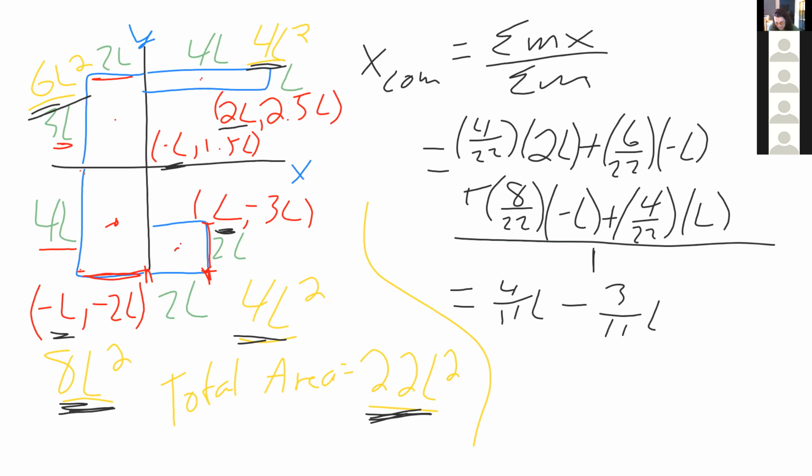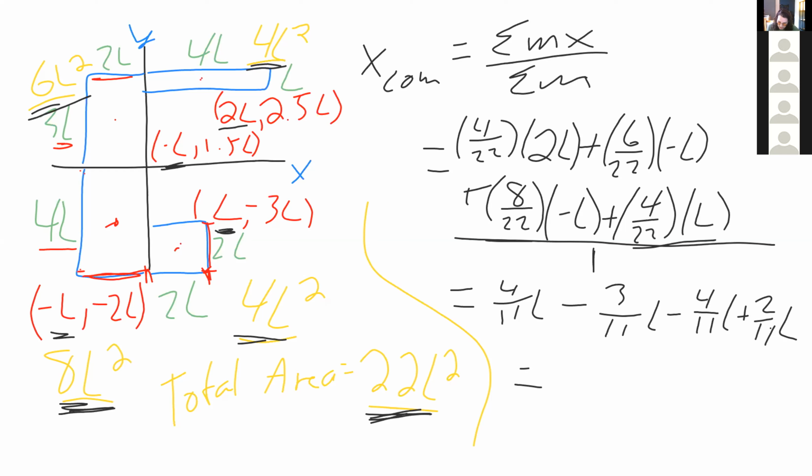My next term is 8 on 22 times -L. So it'll be minus 4 on 11L. And then my last term is 4 on 22 times L. So that'll be plus 2 on 11 times L. And then, of course, divided by 1.